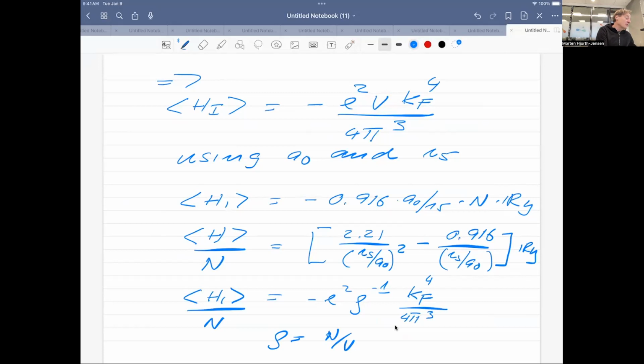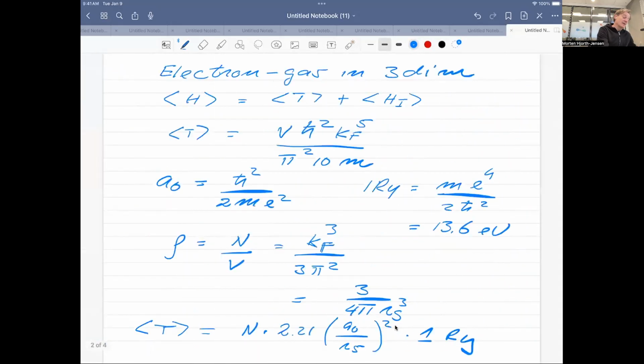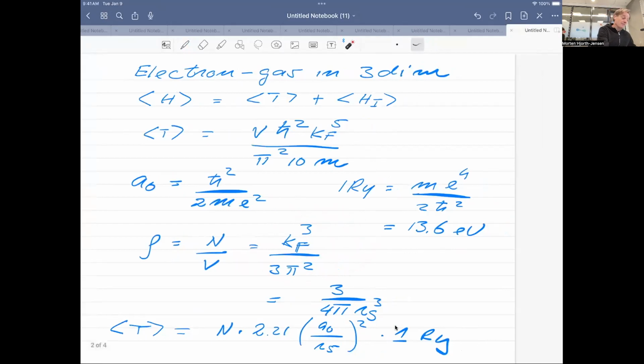And now I can actually rewrite that one. Since I have a kF here, if we go back and look at the expression we have for the density, using this expression here, I can rewrite what I have here as a function of density. So you see now I have a kF to the power of 3, which relates to the density.